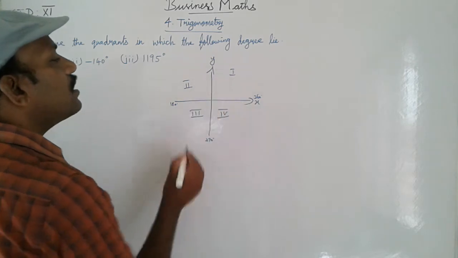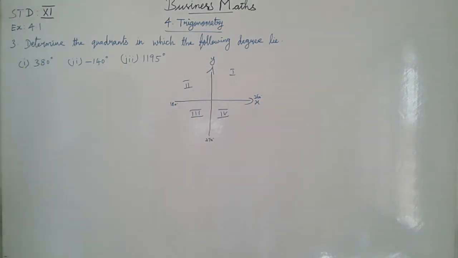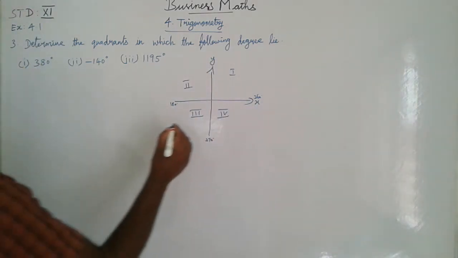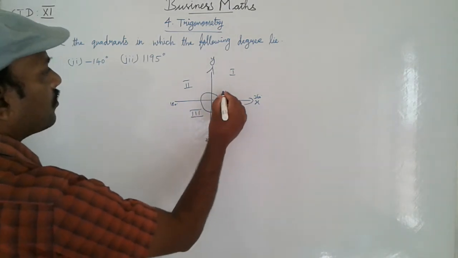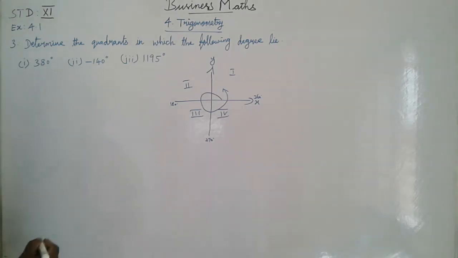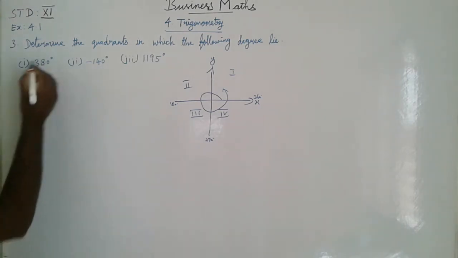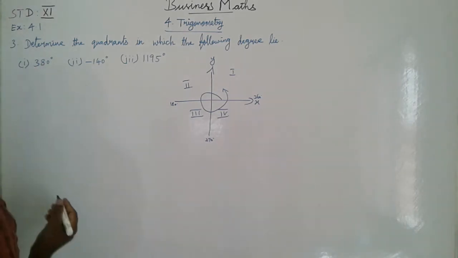These are the four quadrants. So it's rotated in a clockwise direction. This is clockwise. So we should find out for 360 degrees which quadrant.